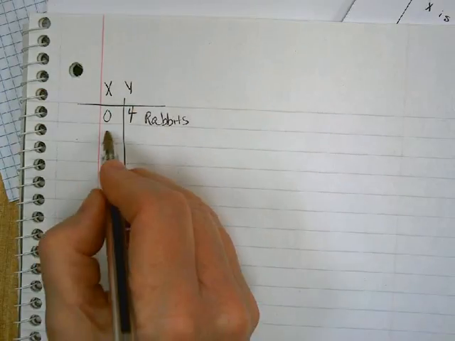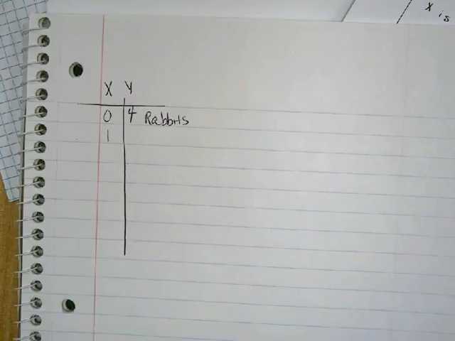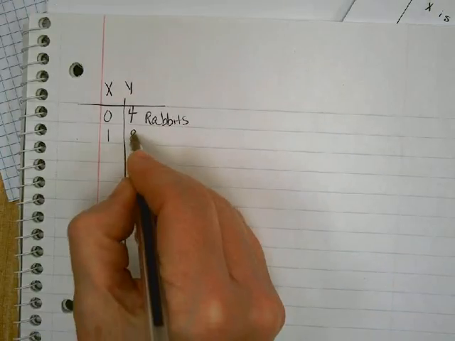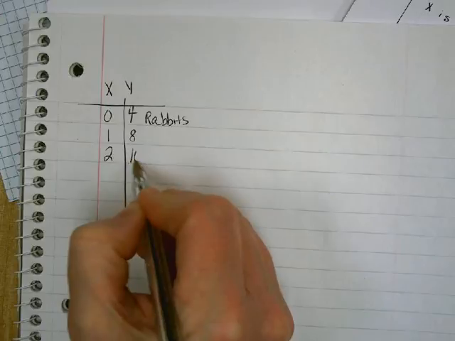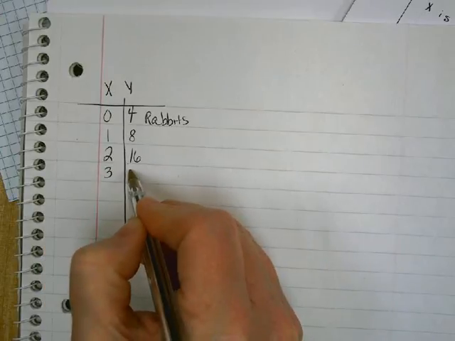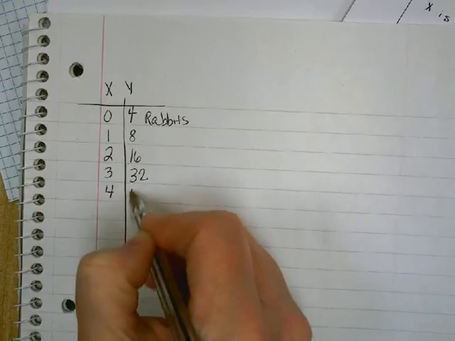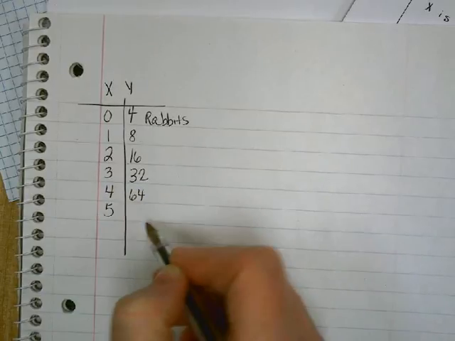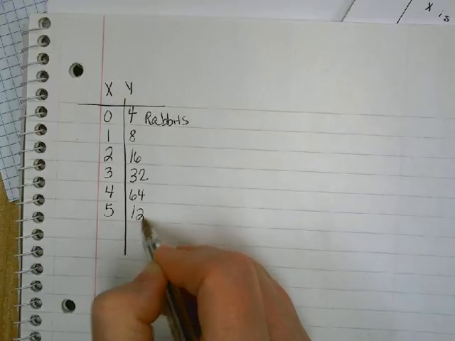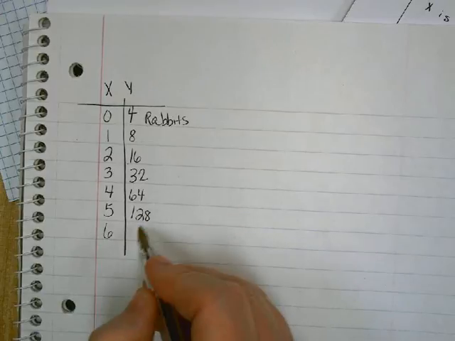After 1 month, how many rabbits do you have? After 2 months? After 3? After 4? After 5? After 6? After 7?